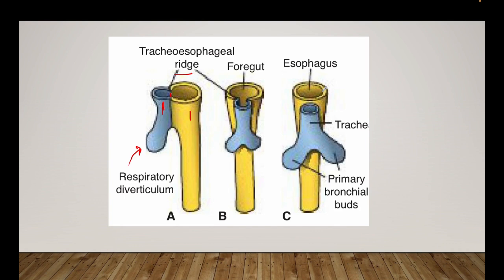So what exactly happened is that the primitive tube has given rise to the trachea and the other structures, and the esophagus. Trachea anteriorly, esophagus posteriorly, as shown in this figure.